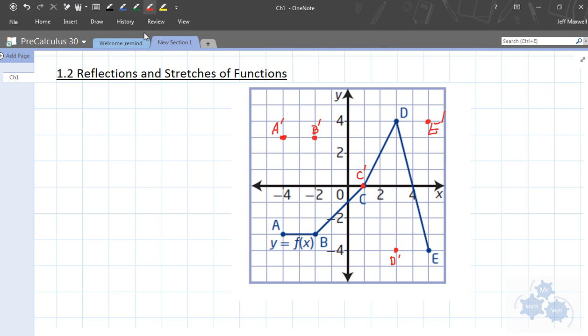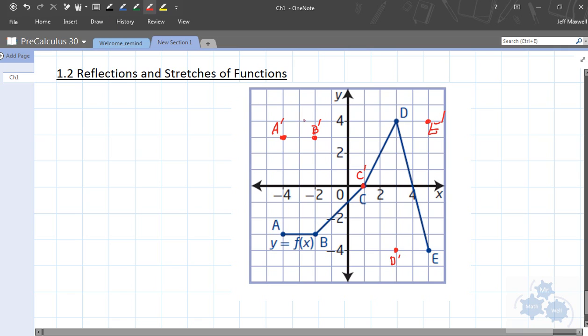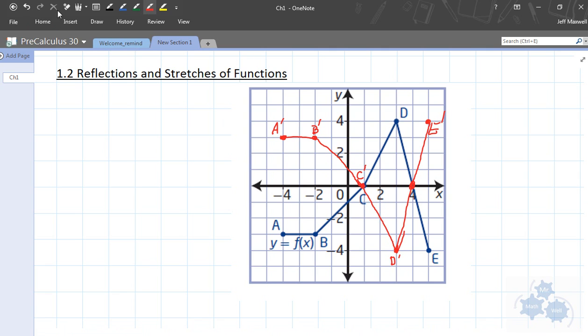Now, if we connected these dots, and forgive me that my lines will not be perfectly straight, but if we connected these points, we would get the graph that would be the reflected image, and I have to go through 4, 0, don't I? Because that's a point that wouldn't move either. And what I want you to notice, it would kind of look like this.